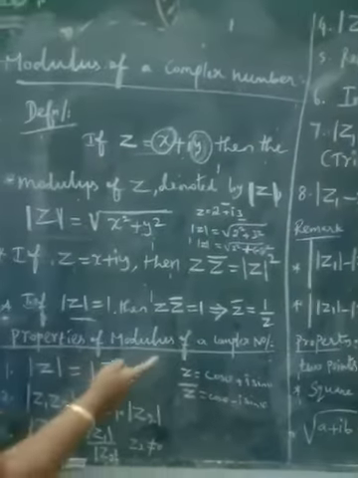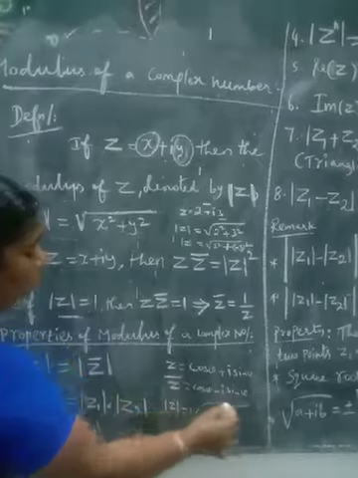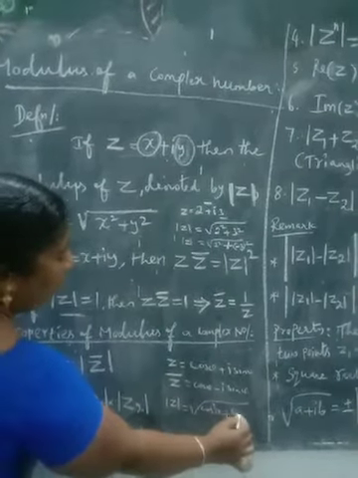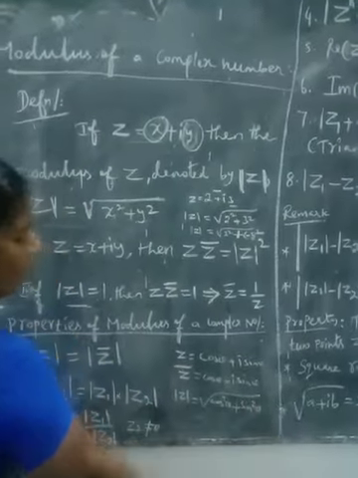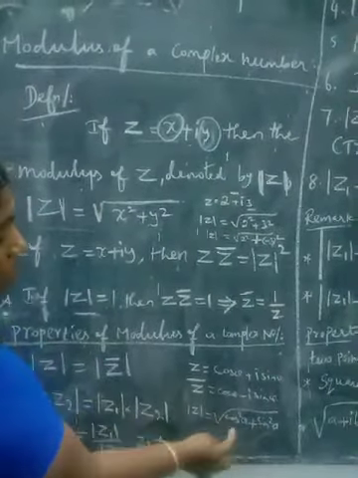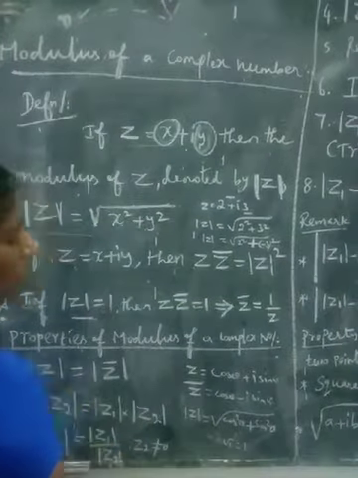Okay. Now what is the modulus of this complex number? Mod z equals square root of real part square, cos square theta, plus imaginary part square, sin square theta. Already you learned in 10th standard the trigonometric formula: sin square theta plus cos square theta is 1. So root 1 is 1.